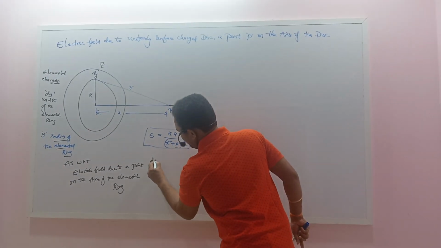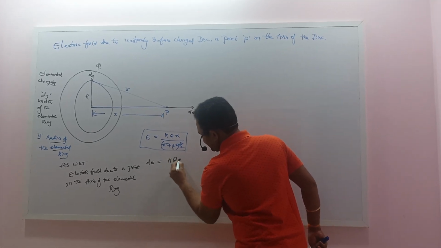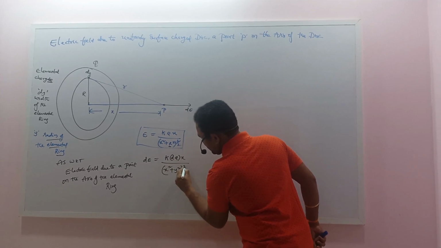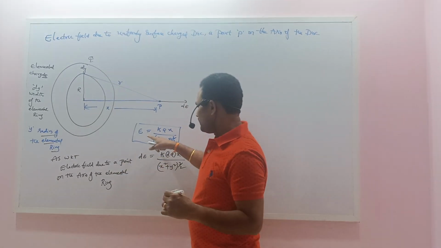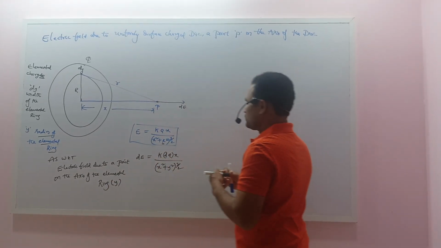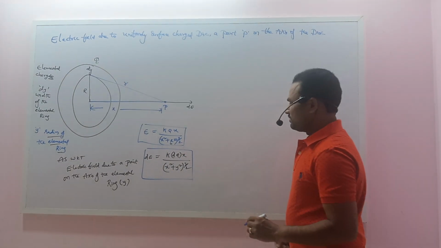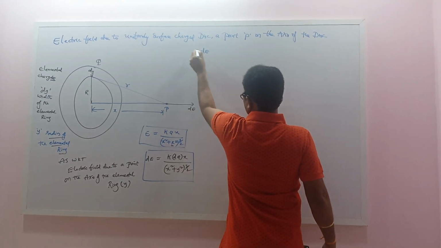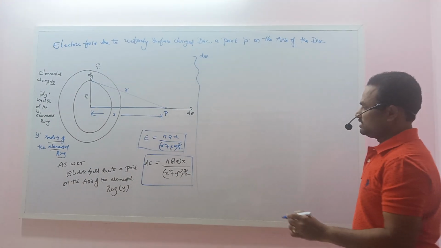Now dE is equal to k dq x by (x square plus y square) whole to the power of 3 by 2.